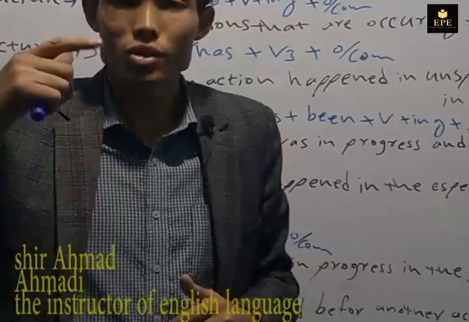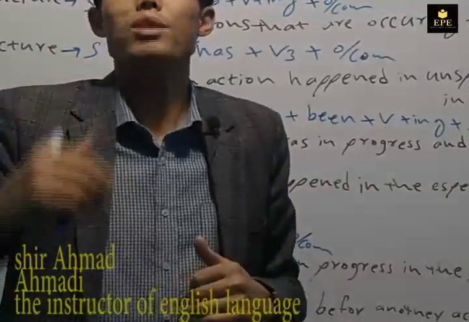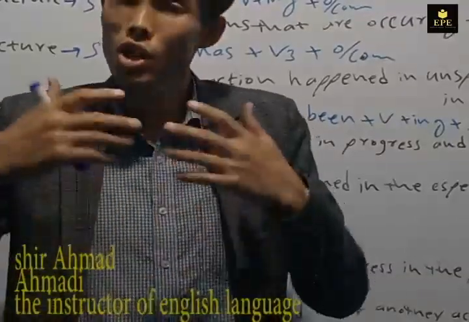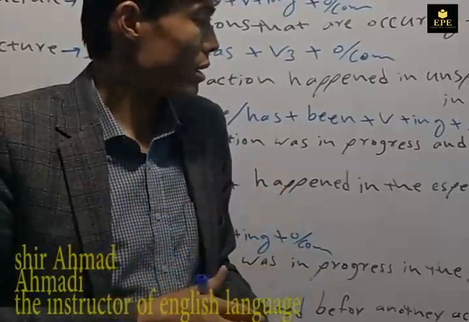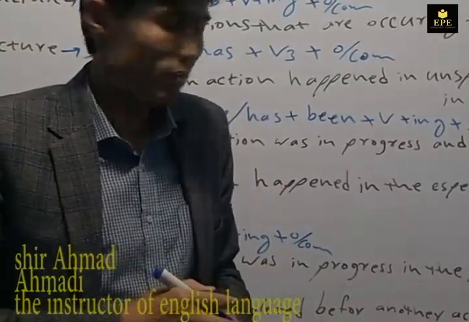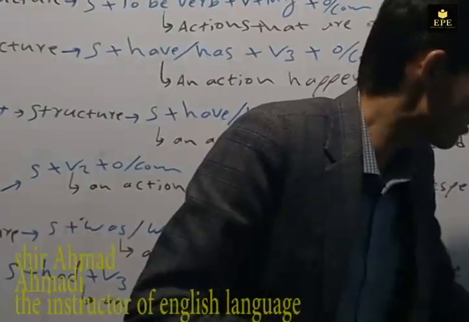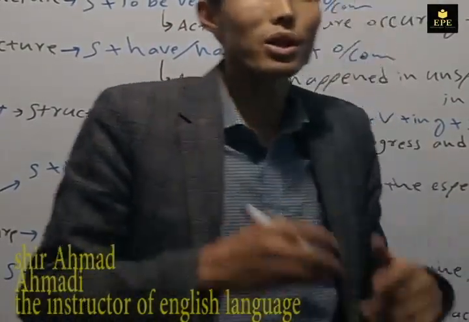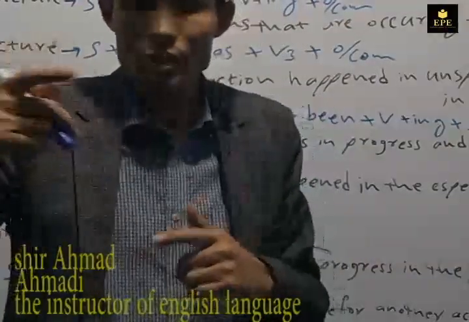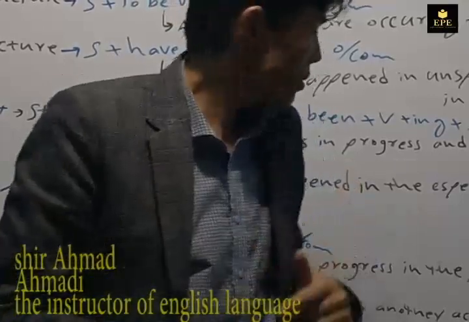An action started in the past and finished in the past, but it was in progress, it was continuing. So, how can we provide an example? The example is, they had been reading for 2 hours. They had been reading. The reading was in progress in the past. It started in the past and finished in the past.